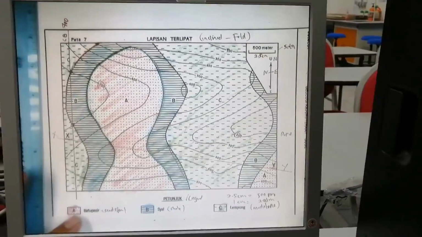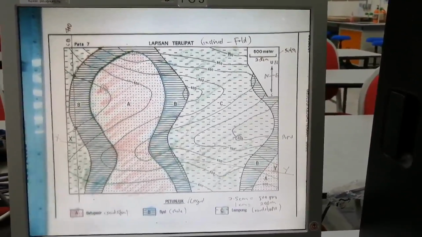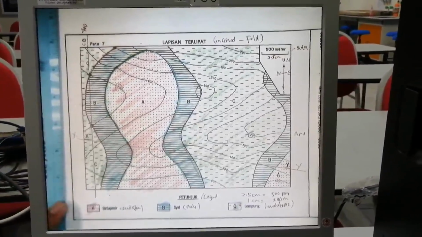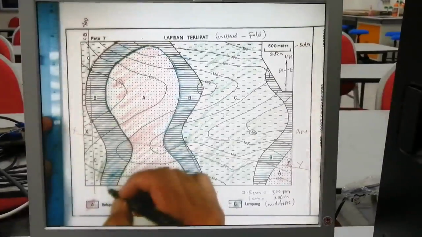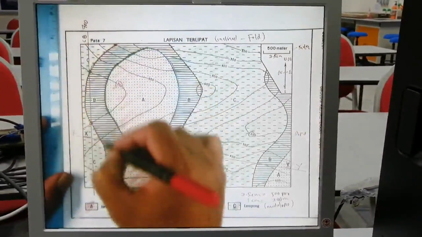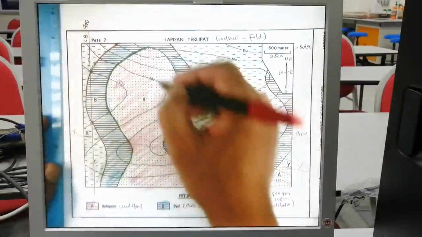To get the dip direction and dip angle, you need at least two straight lines. You have to draw two straight lines at a similar boundary. So you have to find another line in similar boundaries here. This is CB, similar boundary at a similar height.